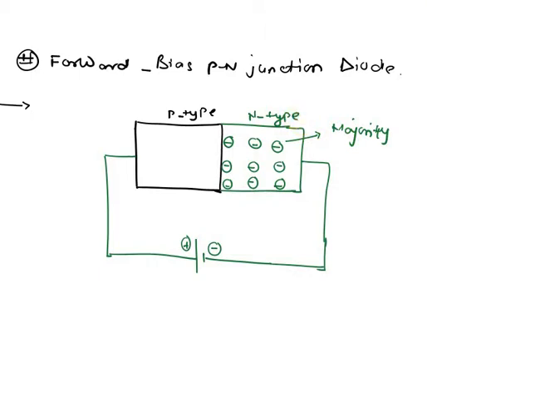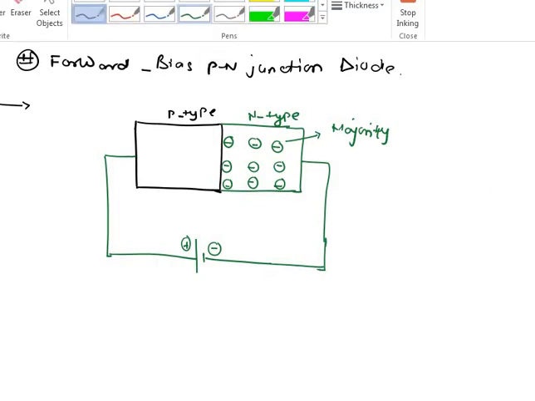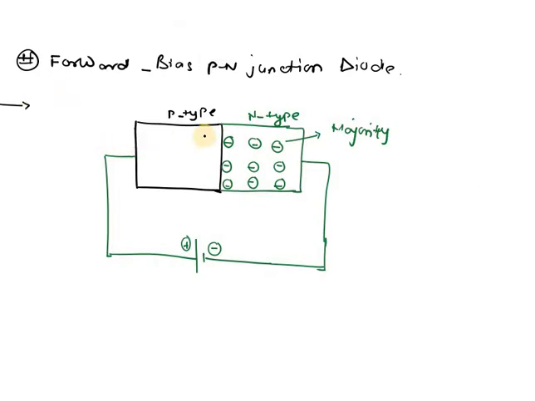While in the case of p-type semiconductor, we have holes as majority charge carriers, and they are positively charged, or we simply call them the absence of electrons. So I am putting them here. These are positively charged. You can place them as per your wish.